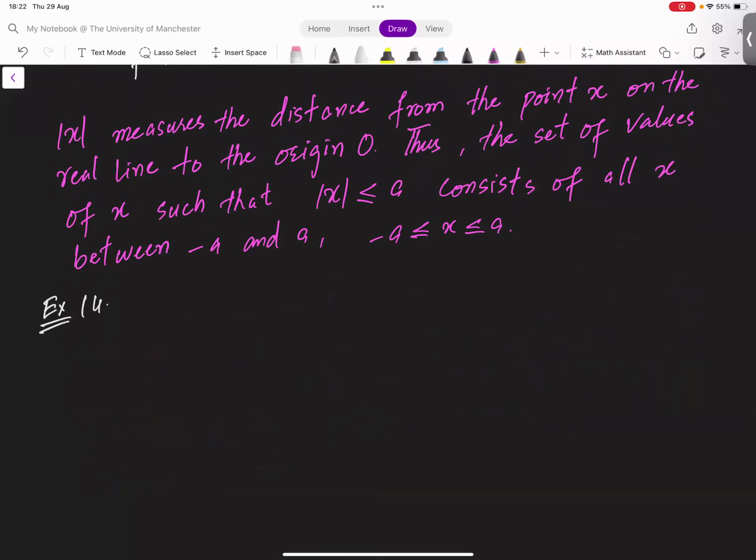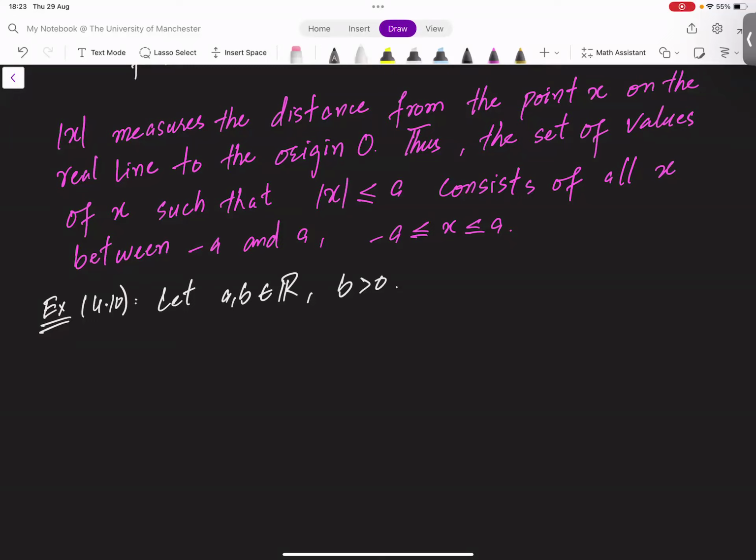By example 4.9, we say that we have two real numbers a, b in R with the condition that b is greater than 0.